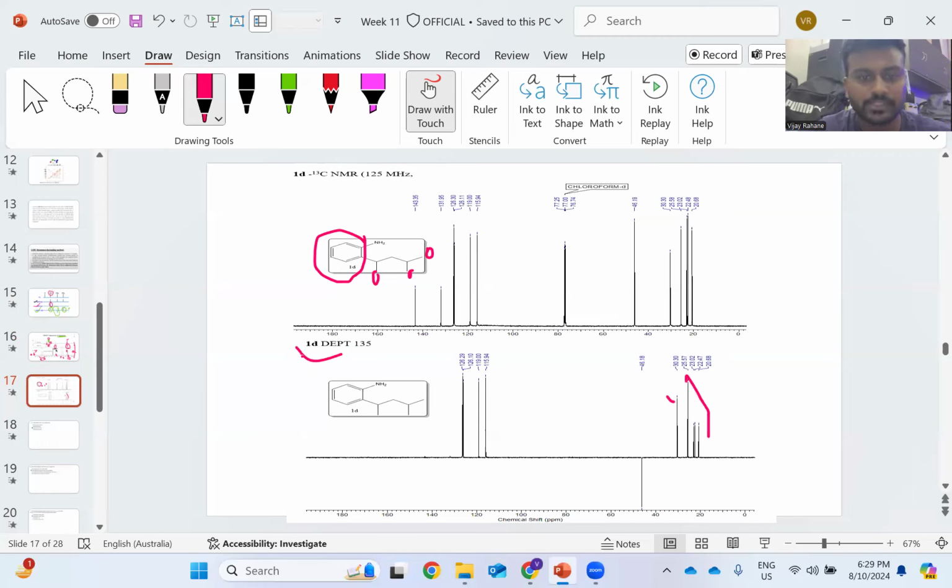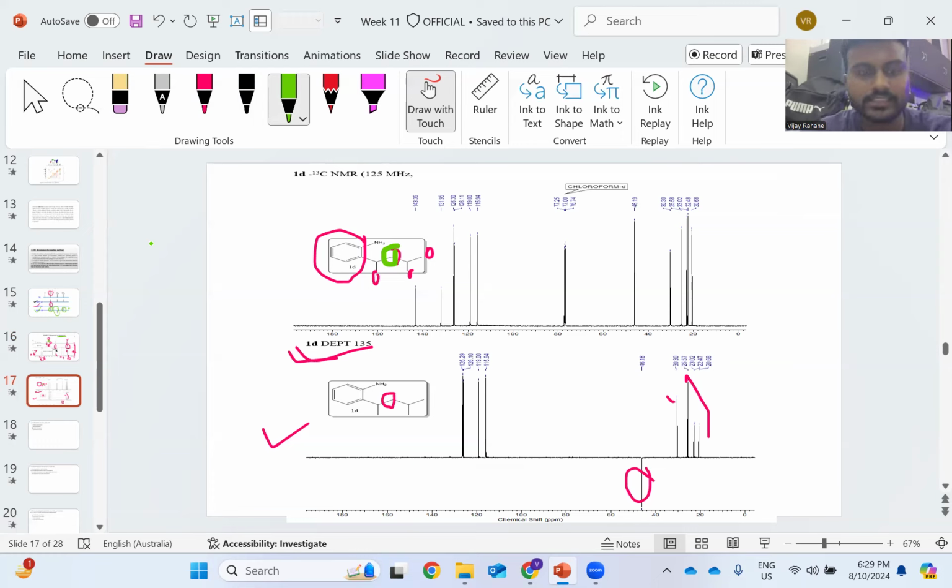I have taken only the DPT-135, and in the DPT-135, whichever is CH2, and this is the only CH2 in this compound, shows here in the negative direction, right? So we can assign the signal at 46 ppm. This signal is due to the CH2 of this highlighted one in green, right? So this is the use of the DPT experiment.